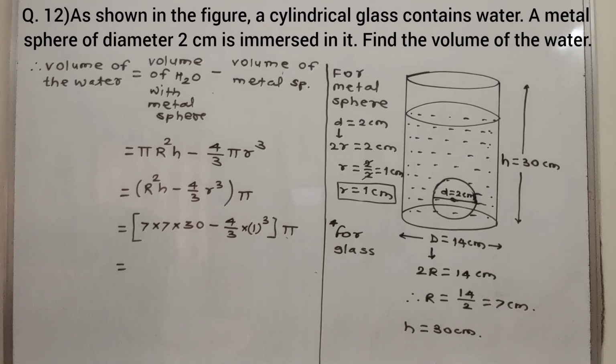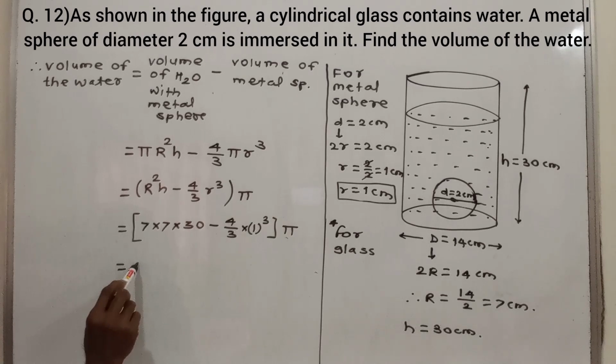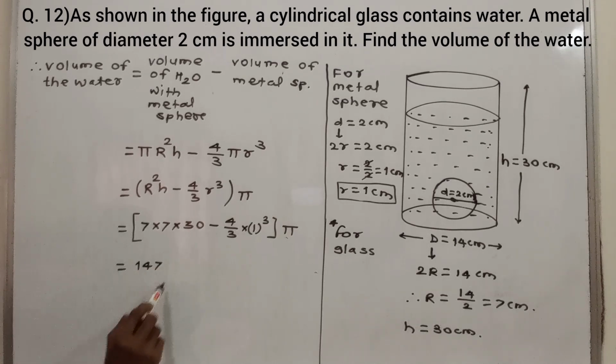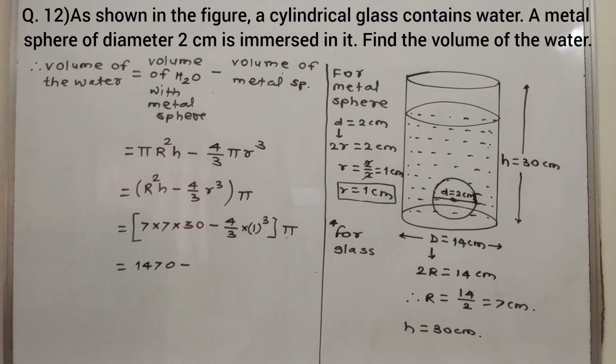7 sevens are 49. 49 into 30 is 1470, and this 4/3 into 1 cube is 1. 3 ones are 3, 3 threes are 9. And here pi. Did you get it? Now we write here subtraction.